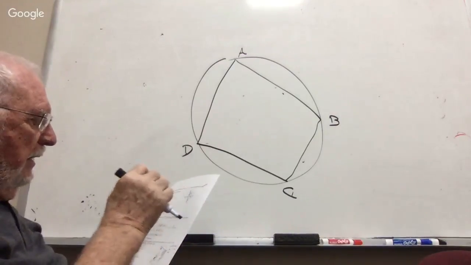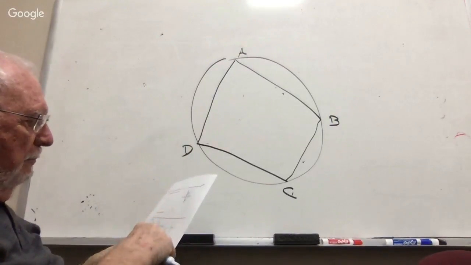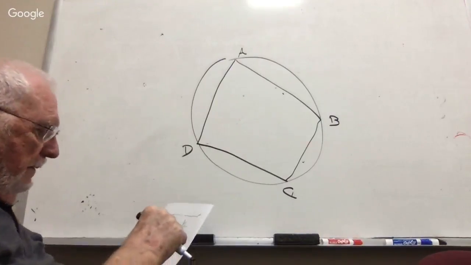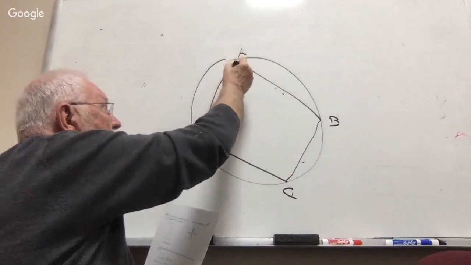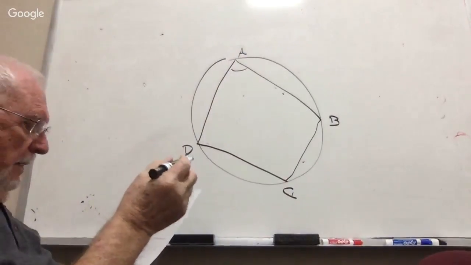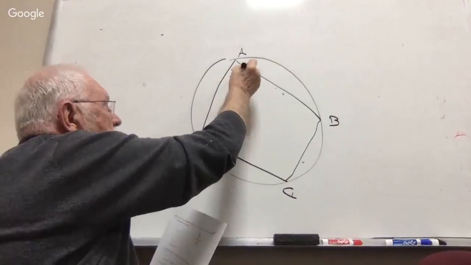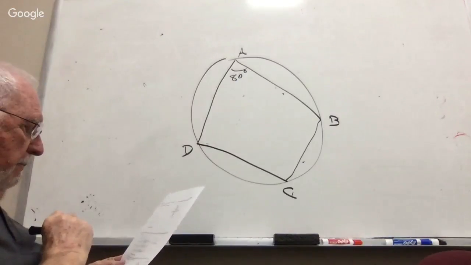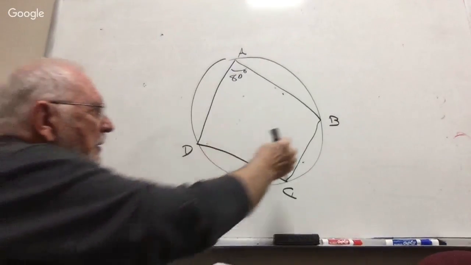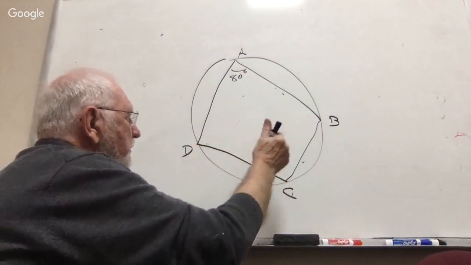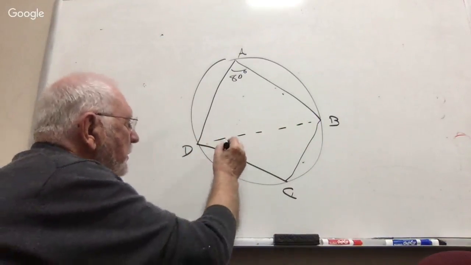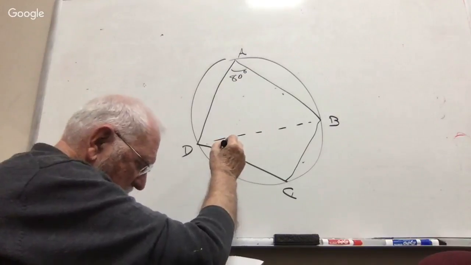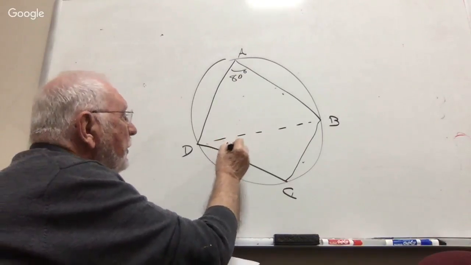And then it says if the measure of angle BAD, so this angle right here, is 80 degrees, and the measure of BDC, which means we're going to draw a line across there, the measure of that angle is 47 degrees.